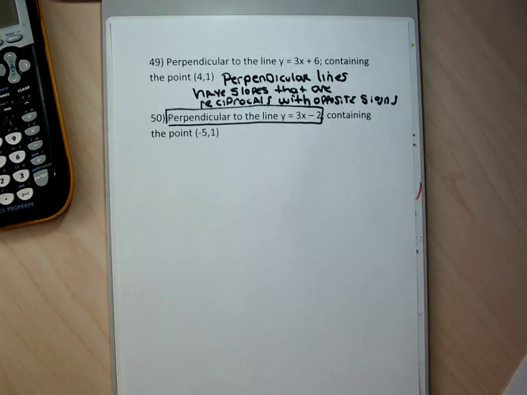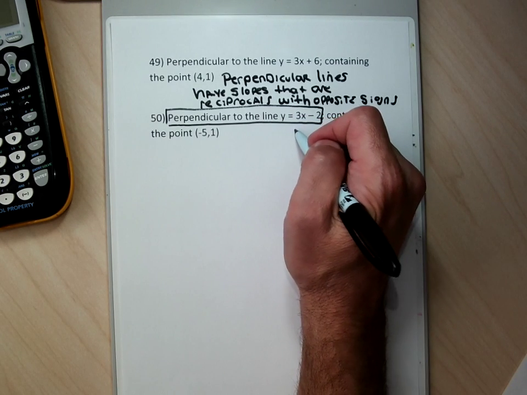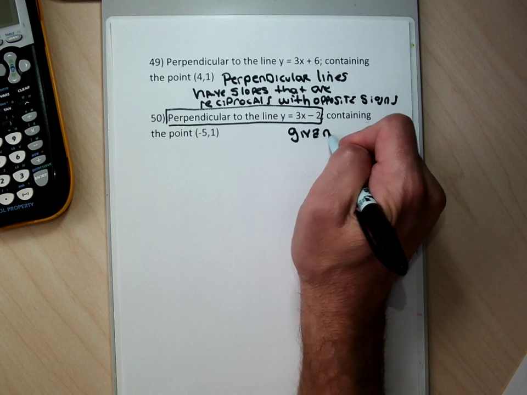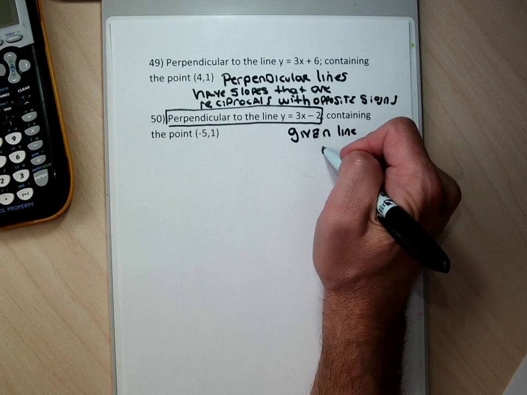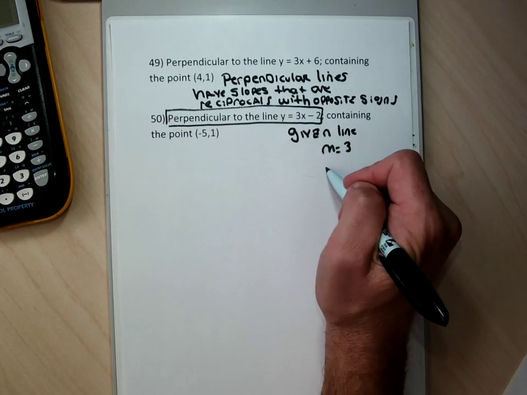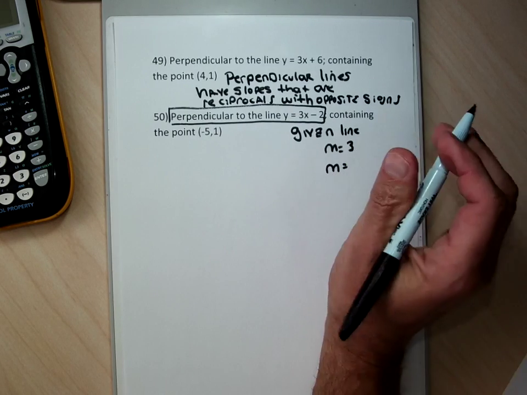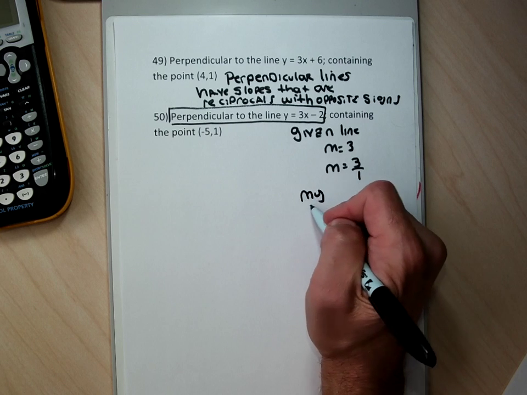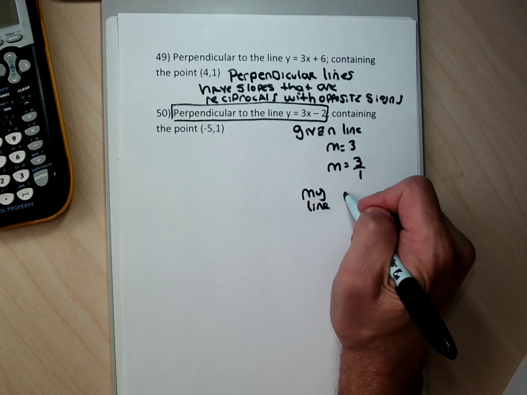So getting the m for my problem, just like the last two problems, it wasn't given to me explicitly. I had to figure it out. The given line has a slope of 3, which I can really think of as 3/1. My line has to have a slope that's the reciprocal.